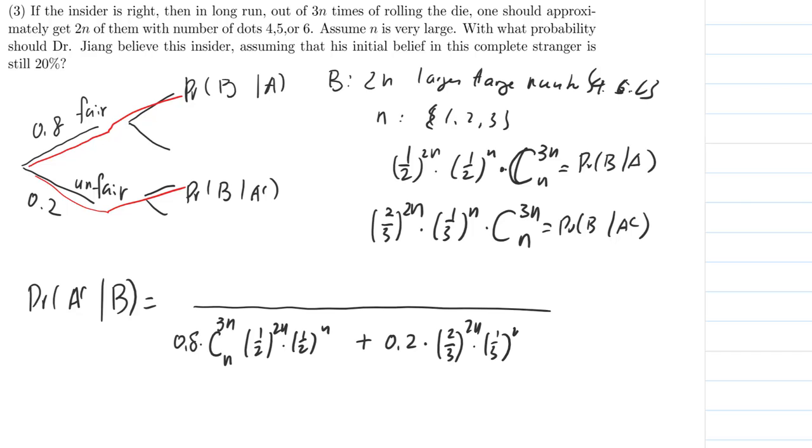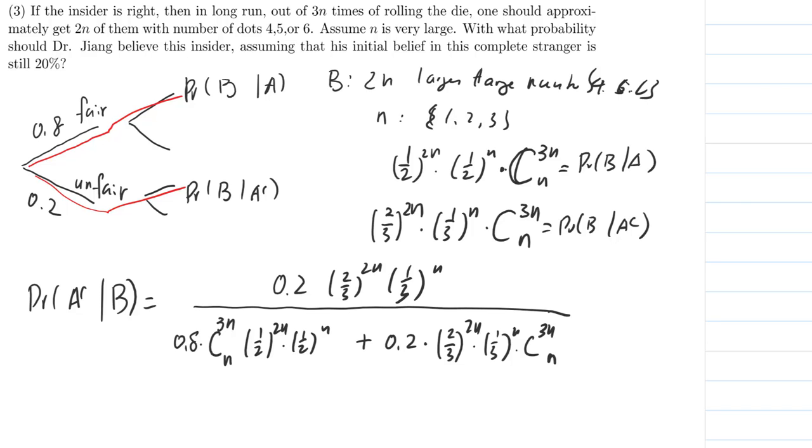We forgot this constant over here, but it's going to be cancelled. Okay. And on the top, we want to find the conditional probability, if B has happened, what the probability is unfair. And we put this branch on top. Okay. So you will see this is on the top.